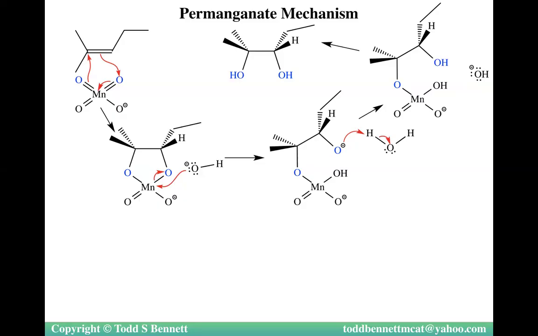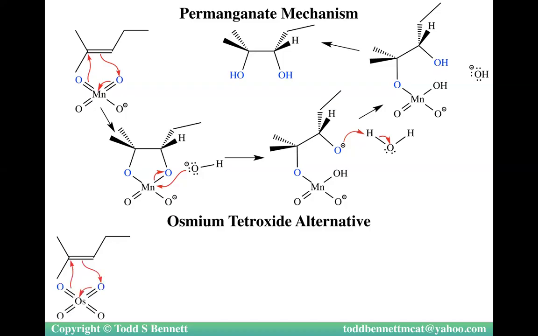For this one, just for what it's worth, you can deprotonate here, that's going to kick in, and then you'll end up also doing the dehydration to get rid of it. But irrelevant, we're not worried about the MnO2. We're worried about this, the syn addition. And again, I'm going from the bottom side, we could easily go from the top side. Osmium tetroxide, same story.